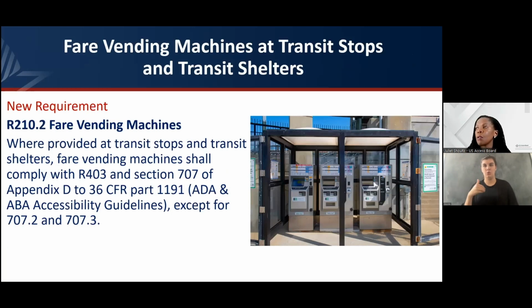We do have a new requirement that applies to transit stops and transit shelters, and this is for fare vending machines. Provision R210.2, fare vending machines, requires that where provided at transit stops and transit shelters, fare vending machines need to be accessible.